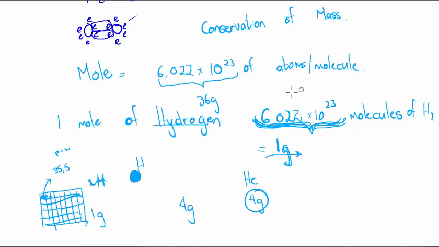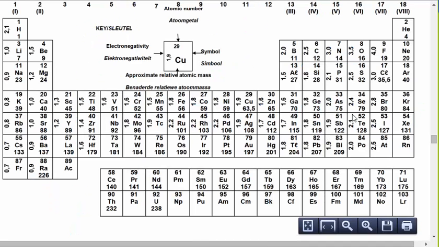So in other words, this many molecules of hydrogen weighs 1 gram. This many molecules of helium weighs 4 grams. It's a quantity. I would count this many, and then the periodic table will tell me how much that many molecules will weigh.